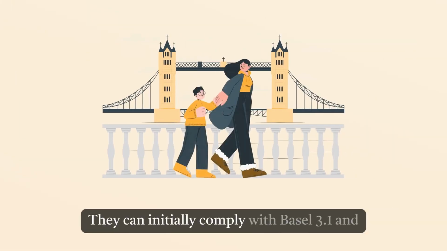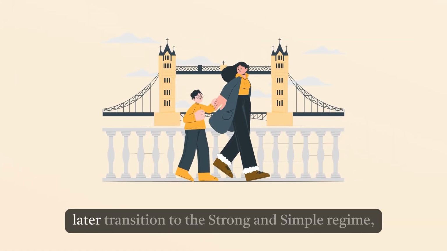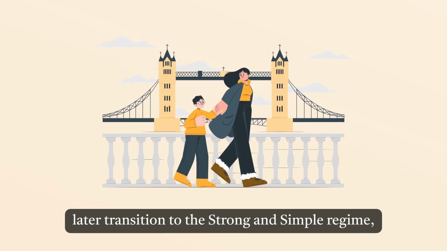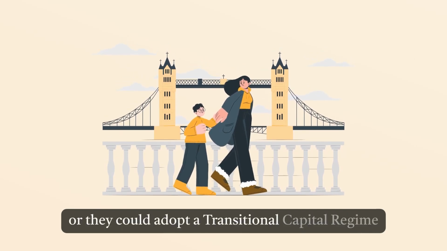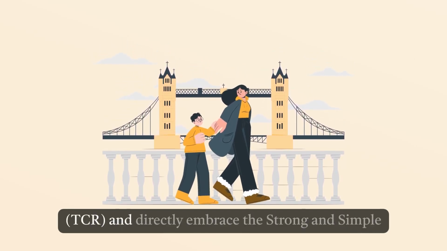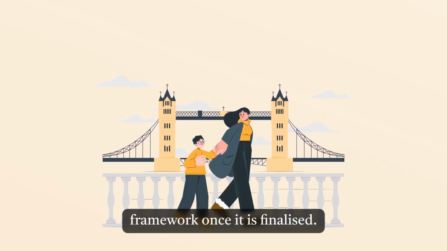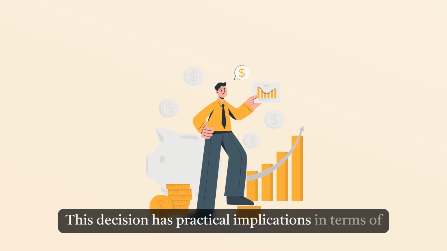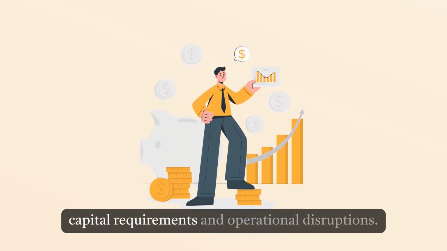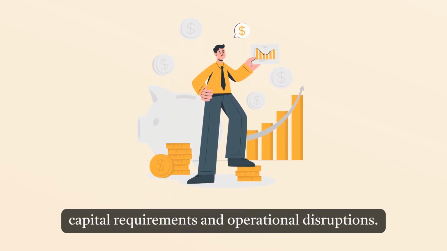They can initially comply with Basel 3.1 and later transition to the strong and simple regime, or they could adopt a transitional capital regime, TCR, and directly embrace the strong and simple framework once it is finalized. This decision has practical implications in terms of capital requirements and operational disruptions.